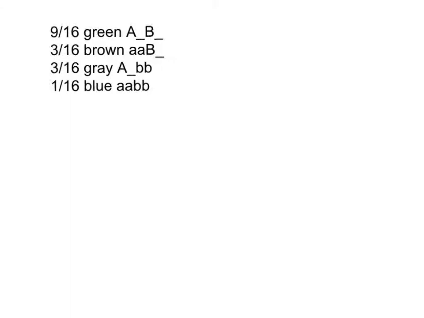In part B, it asks you to look at a cross between a gray-eyed cat and one of unknown genotype. Okay. So I realize it's gray-eyed, so that's got to be a big A, something we don't know, little b, little b, crossed with, again, a cat we don't know.